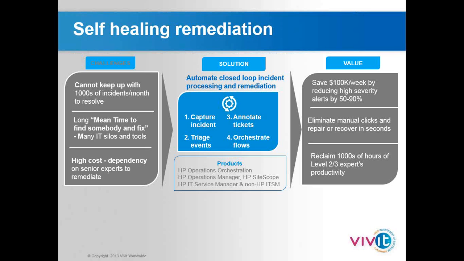Those can simply be wiped off from the IT management perspective, right? And it can also help reclaim hundreds or thousands of hours which the L2, L3 staff would spend on identifying and remediating those issues.